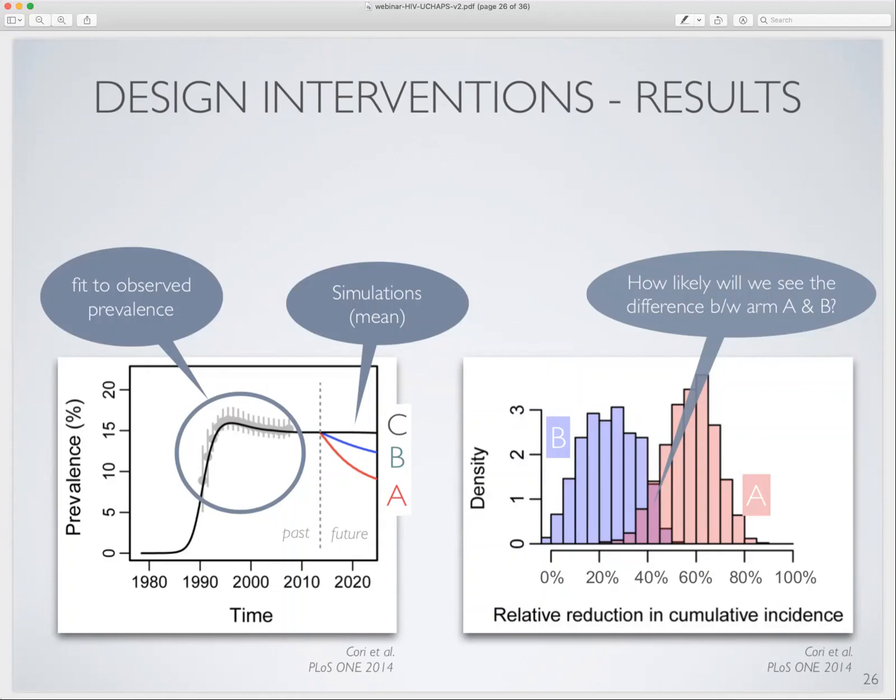So, like the slide I showed you earlier. And similarly, the blue histogram shows the distribution of incidence reduction for arm B.